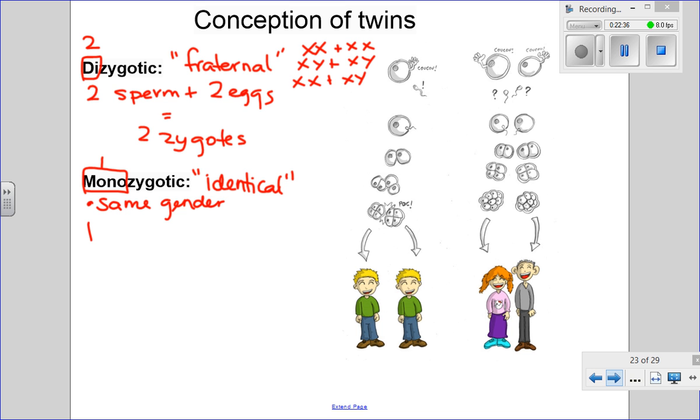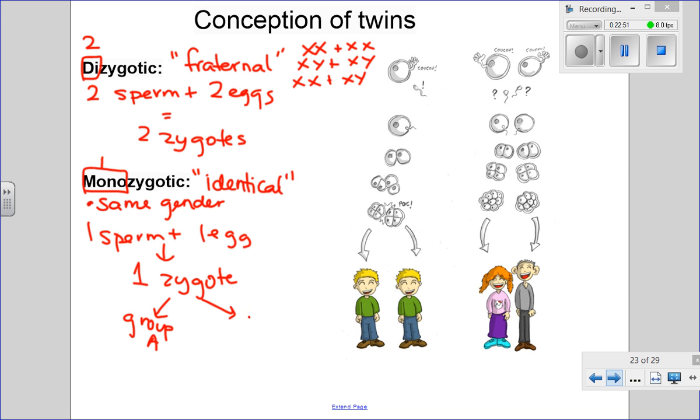Monozygotic twins happen when one sperm and one egg make one zygote, but that zygote develops into two groups of cells. Since they originated from the same sperm and the same egg, they all have the same combination of genes, so they should have identical characteristics.